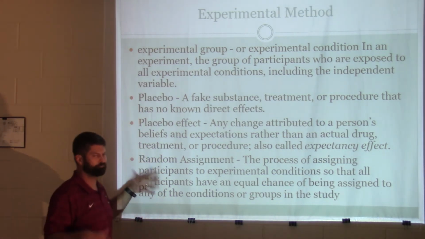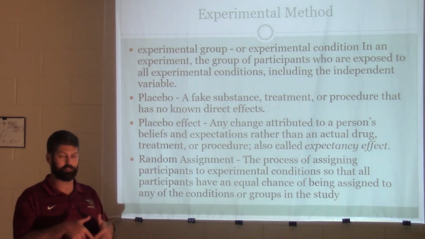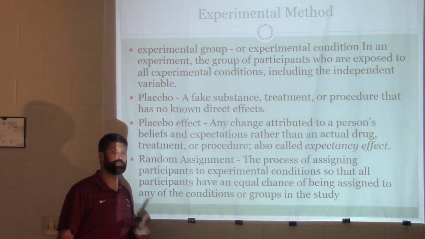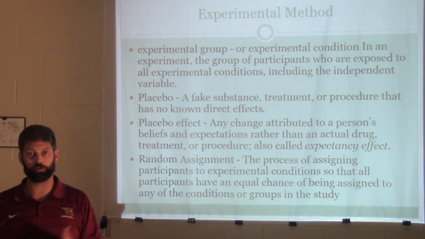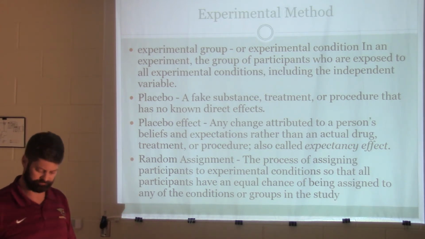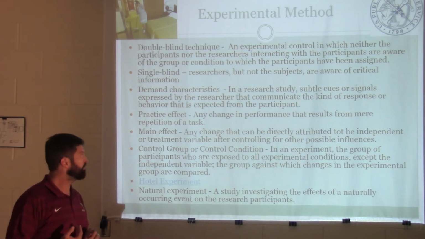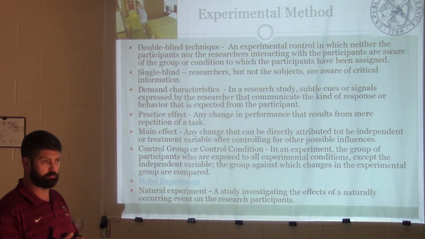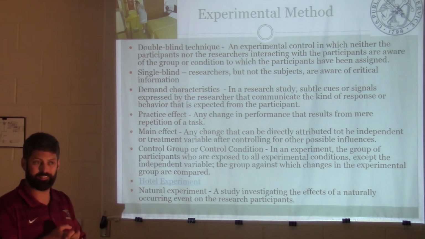Random assignment, this is just to thwart a little bias. So you sign up for the experiment, you're going to be a subject. You might be randomly assigned to either the experimental group or the control group, or the placebo control group. Double-blind technique, the double-blind study. The experimenter doesn't know who gets the treatment, who gets the placebo, or who gets the actual drug, and neither does the subject.